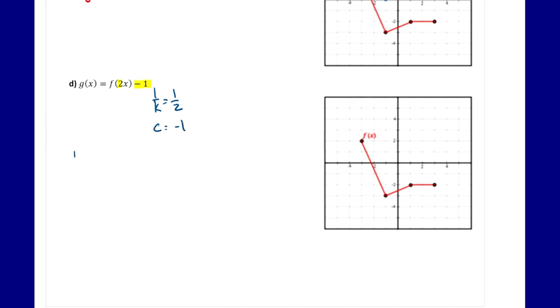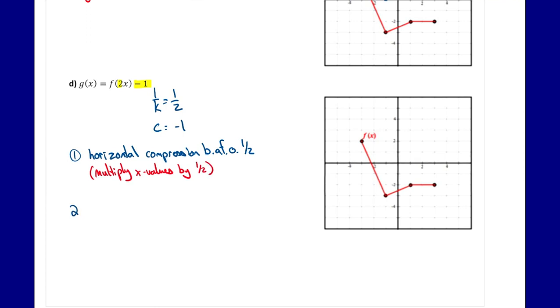So this tells me that first I have to do a horizontal compression by a factor of 1/2. This basically tells me that I multiply the x values by 1/2.